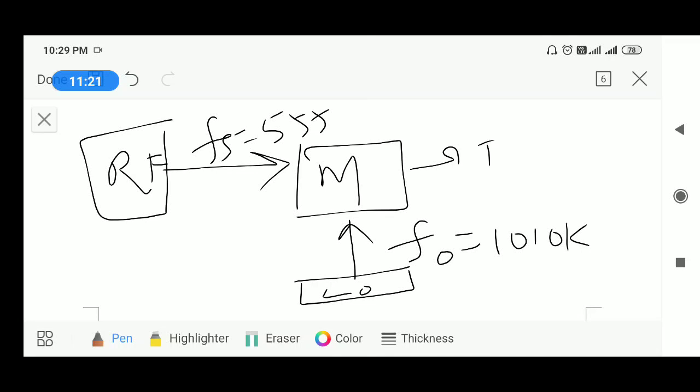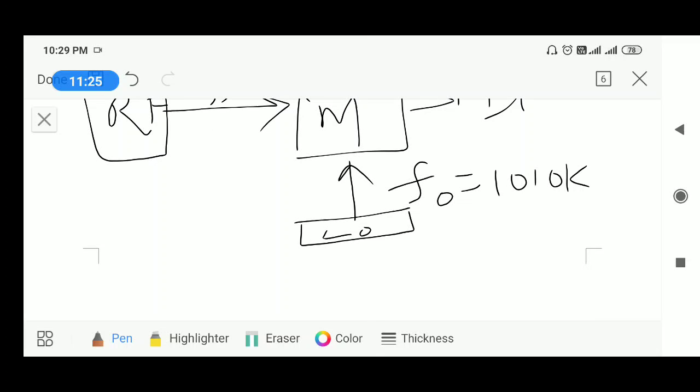And what is the IF? From the formula, F0 is equal to Fs plus IF. The local oscillator is tuned in such a way that its frequency is maintained in excess of IF with the desired frequency.